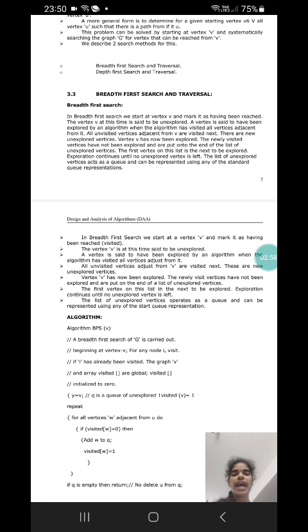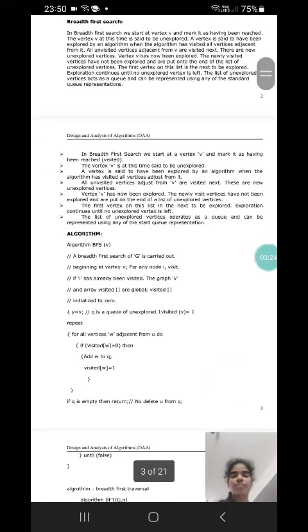Vertex V has now been explored. The newly visited vertices have not been explored and are put onto the end of the list of unexplored vertices. The first vertex on this list is the next to be explored. Exploration continues until no unexplored vertex is left. The list of unexplored vertices acts as a queue and can be represented using any of the standard queue representations.